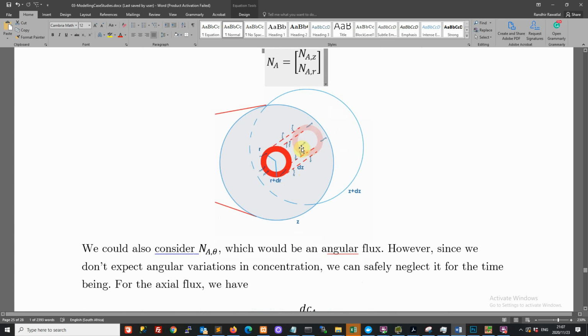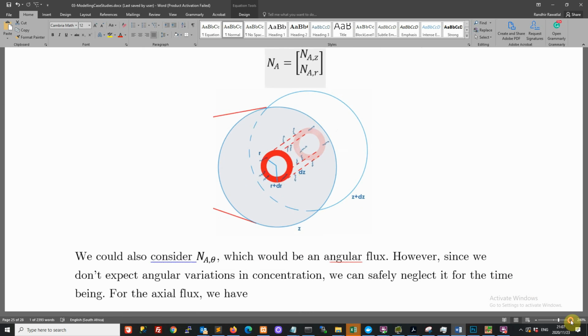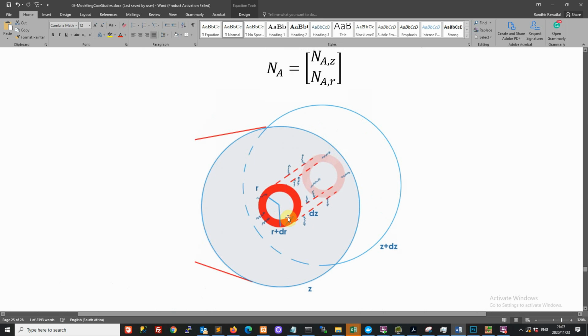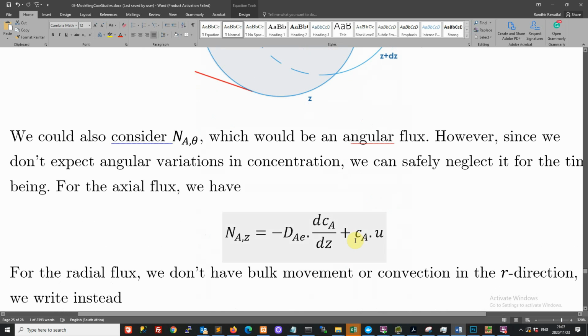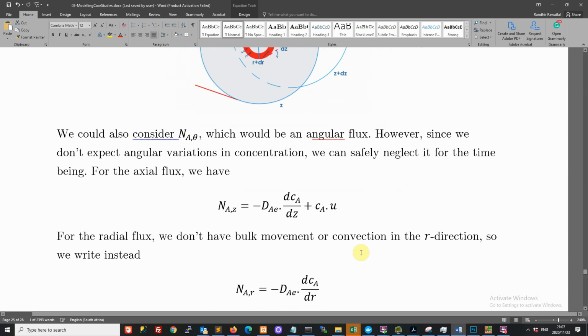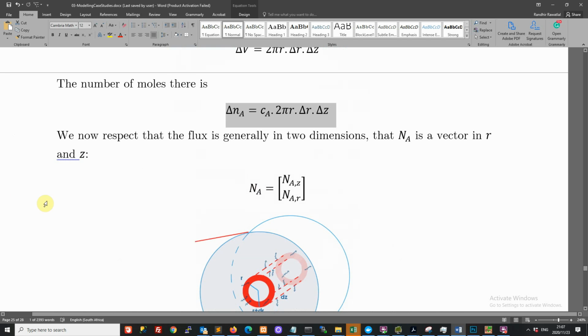If we add little wavy arrows to denote fluxes, you can see a flux in the Z direction and a flux in the R dimension. And we can then write expressions for the flux. We know that the flux is a vector of 2 dimensions.